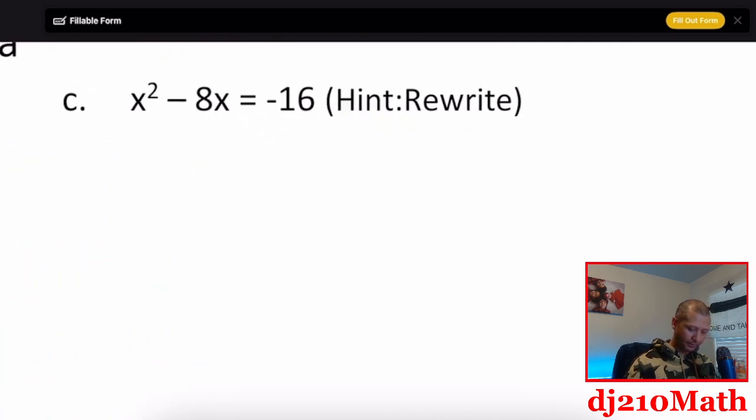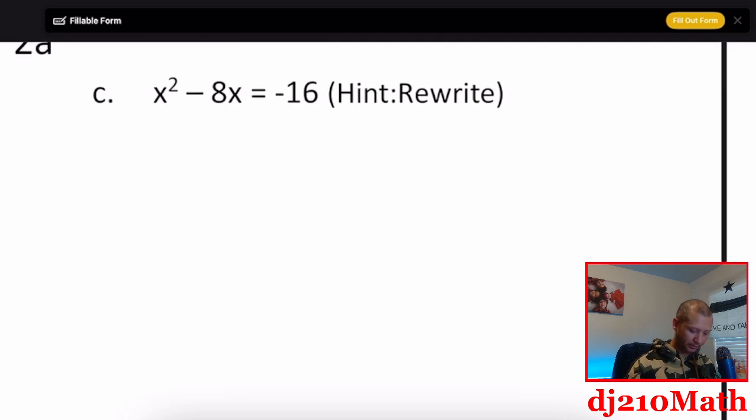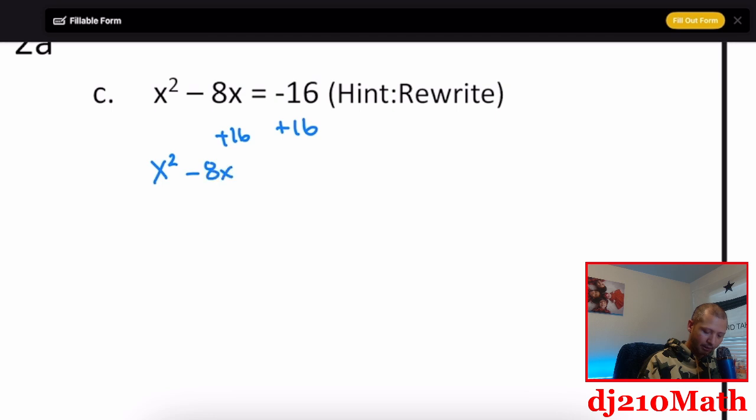Okay, C, last one for this section. So again, I need everything to the left. So plus 16, plus 16. So this is x squared minus 8x plus 16 equals 0. Now we can apply the quadratic formula, a, b, and c terms.